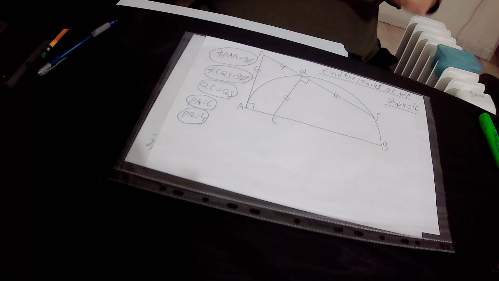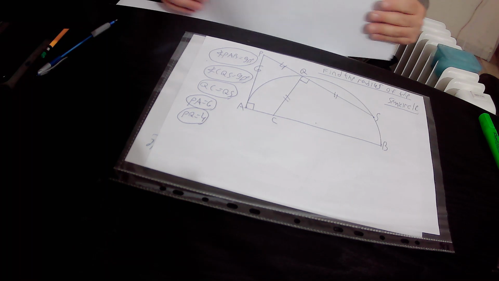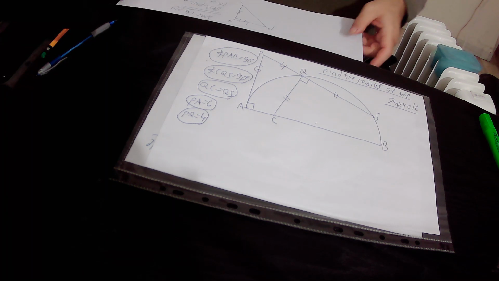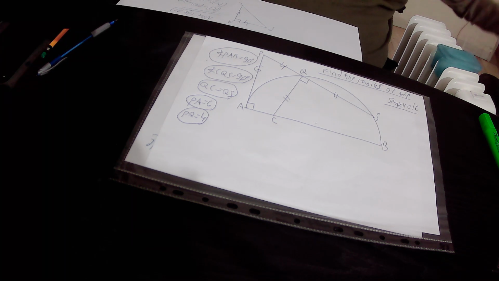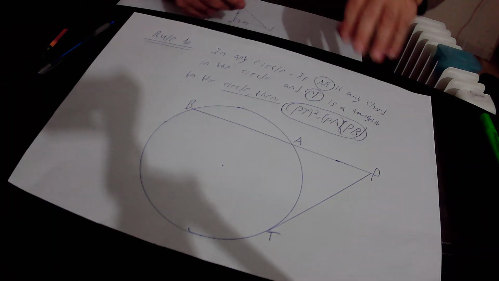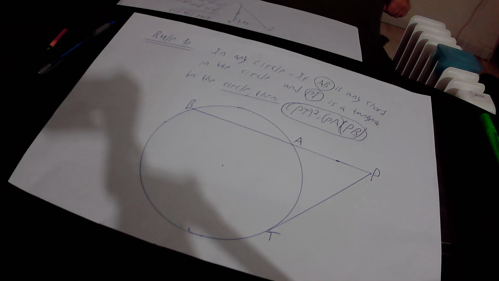Okay, so in the first step, I presented to you a new rule number 10, and we implemented rule number 10 in our drawing. According to rule number 10, in any circle, if AB is any chord in the circle and PT is a tangent to the circle, then the following equation is true: PT square equals PA times PB.